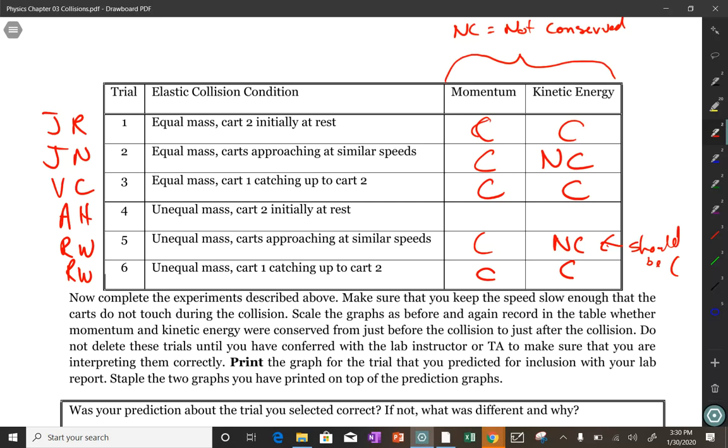So for your elastic, you're gonna put down what you wrote there. Dr. Webb, so she wrote for her inelastic.